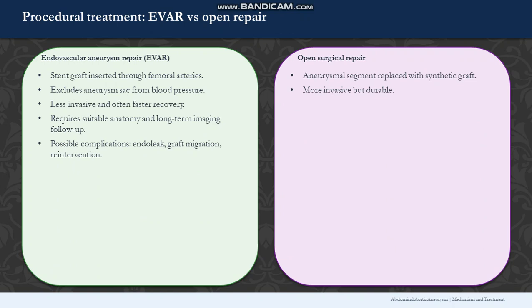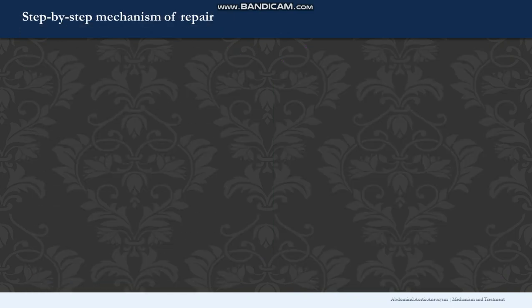In open surgical repair, the aneurysm is replaced by a graft; it is more invasive but durable. It is used when anatomy is unsuitable for EVAR. There is high early physiological stress, so careful preoperative assessment is required.